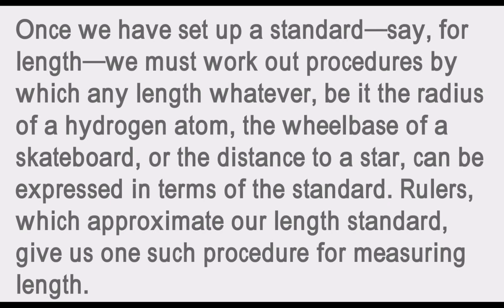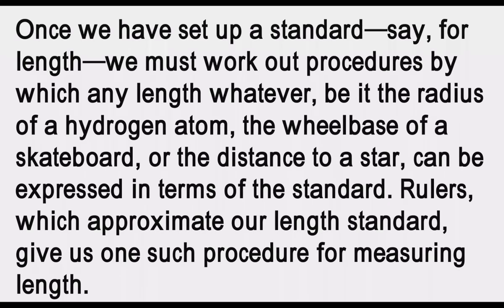Once we have set up a standard, say, for length, we must work out procedures by which any length, whatever, be it the radius of a hydrogen atom, the wheelbase of a skateboard, or the distance to a star, can be expressed in terms of the standard.